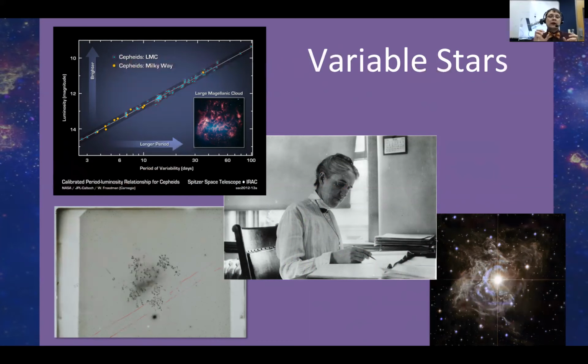That was really key for figuring out the size and the expansion of the universe and measuring how far away many of the things in our universe are. It's with it that we managed to figure out that there are actually things beyond our galaxy. And Dr. Lou Stroller is going to talk a little bit later about other ways we measure distances, but we couldn't have gotten that without Henrietta Leavitt's work.